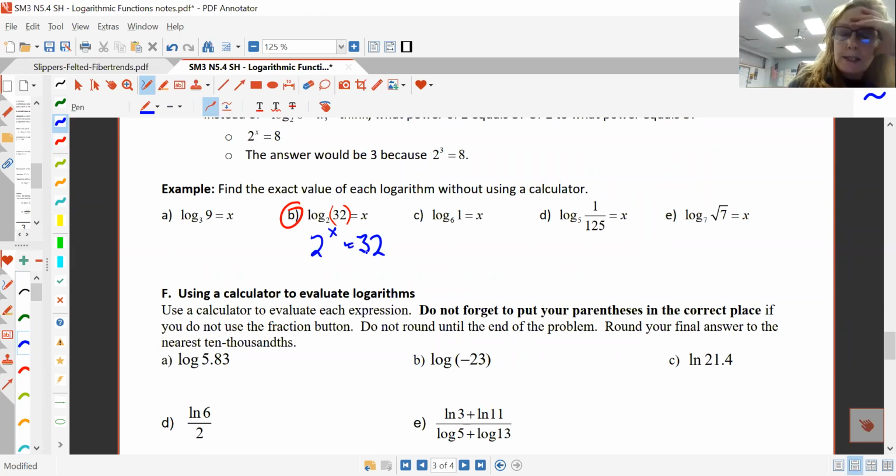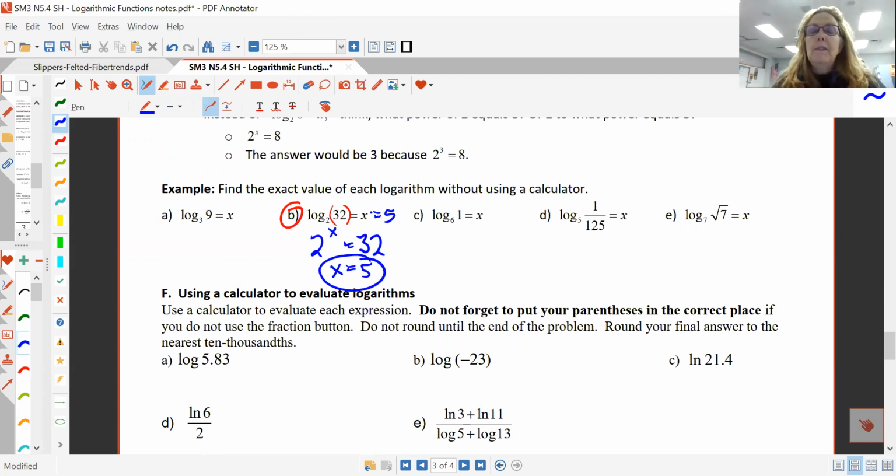Whether I write that down or not, that's how I personally think about it. I switch it back to exponential form because it's a lot easier for me to think about it as 2 times 2 times 2, whatever, is 32. I can see that 2 times 2 is 4, times 2 is 8. Essentially, x is going to be 5. So x is the exponent I'm looking for, so x is 5 here.